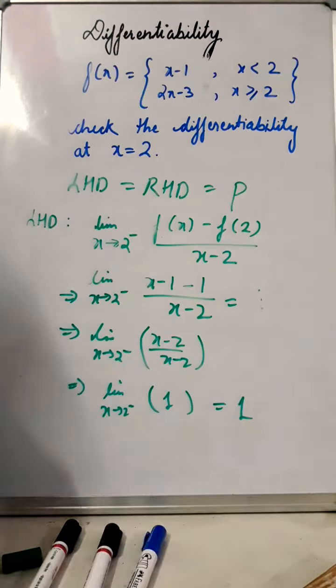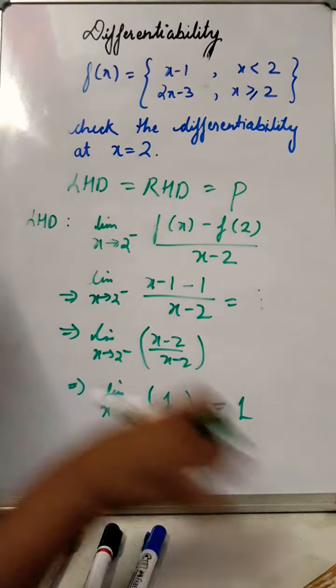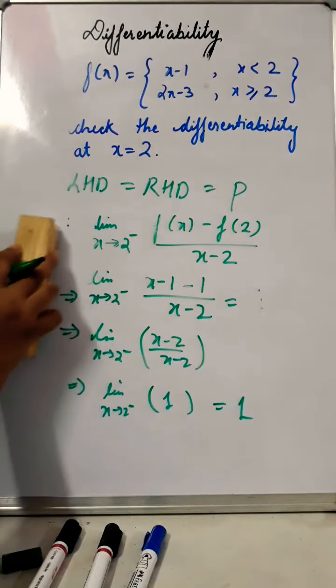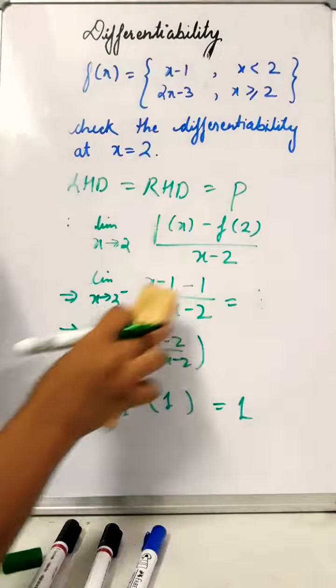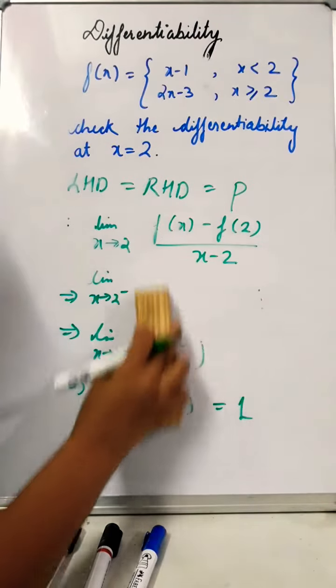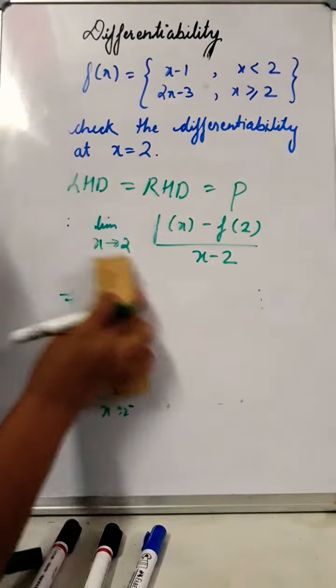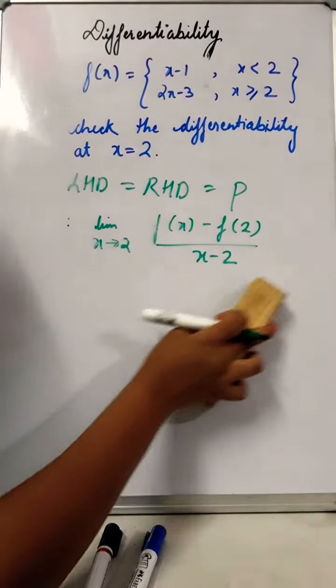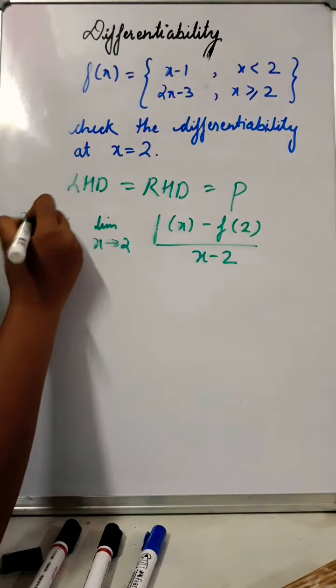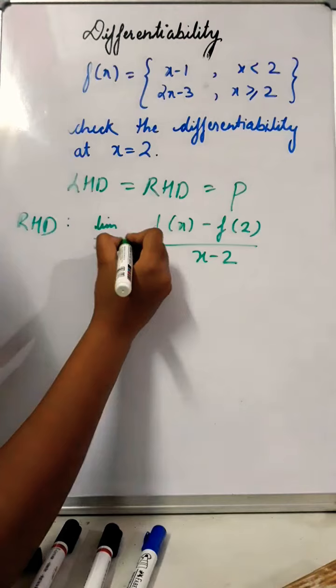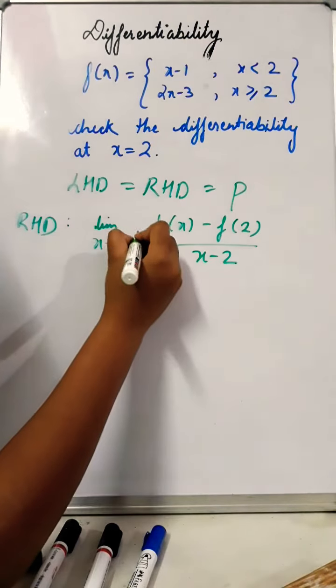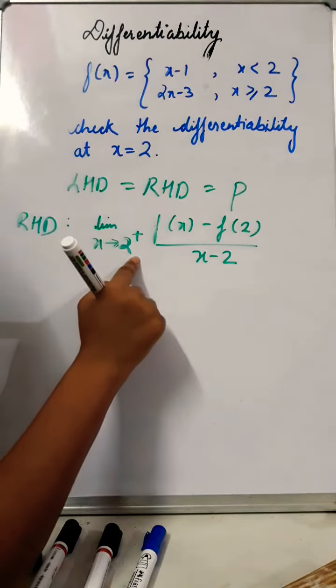Now we are going to find the right hand derivative. Right hand derivative means we are approaching from the right hand side, x tends to 2 plus.